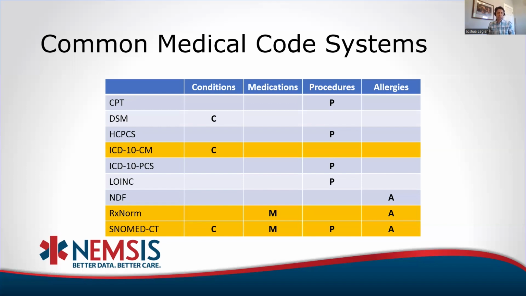It's the full thing. SNOMED CT has codes for conditions, medications, procedures, and allergies. So SNOMED CT is a very large, all-inclusive code system that covers lots of stuff in medical care.